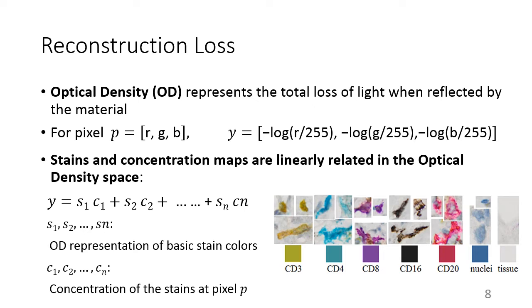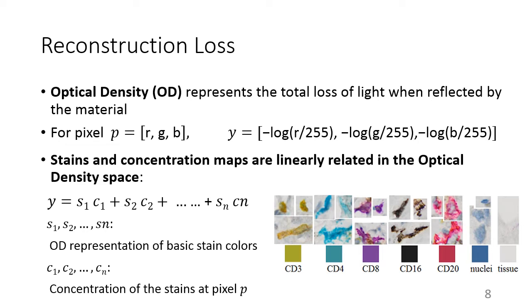We first explain how the image is reconstructed from the concentration maps and the basic stain colors. In our dataset, we have 7 basic colors. As shown by the figure, they are from 5 chromogenic stains marking 5 different immune cell types, in addition to hematoxylin staining nuclei in blue and the grayish tissue background color. We use the optical density to represent color.